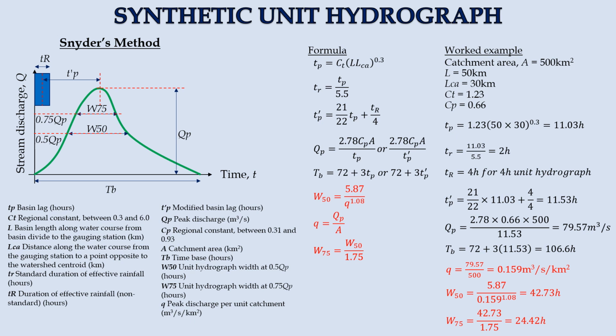For the width corresponding to 75% of the peak flow, it needs to be calculated based on that for 50% peak. In our case, W50 and W75 are 42.73 hours and 24.42 hours respectively.